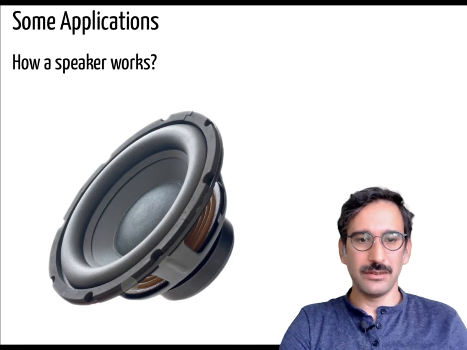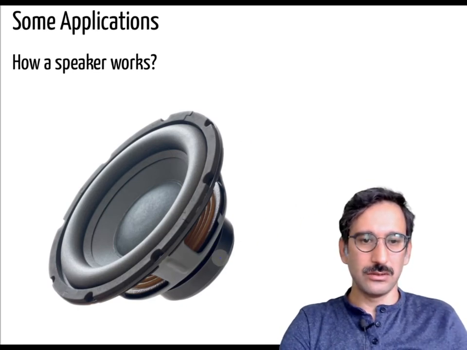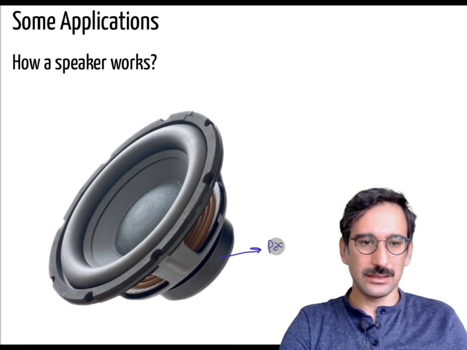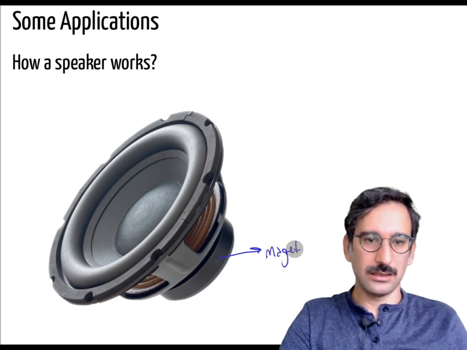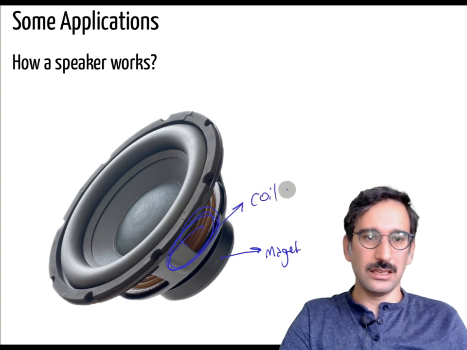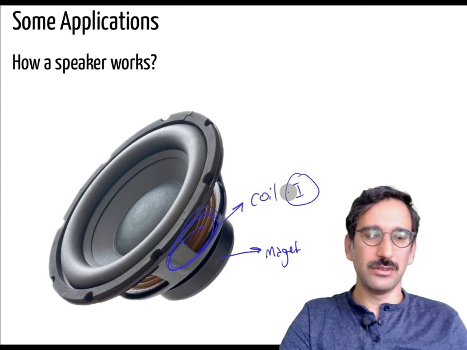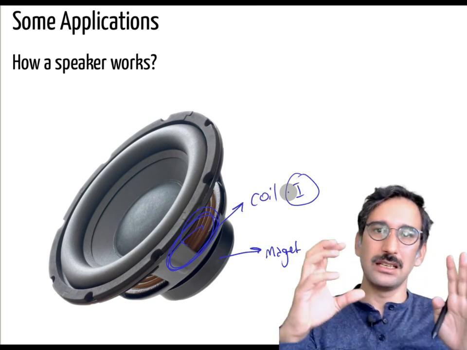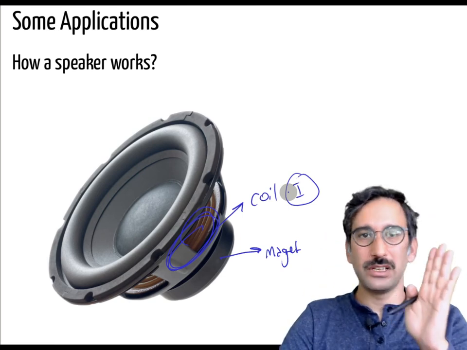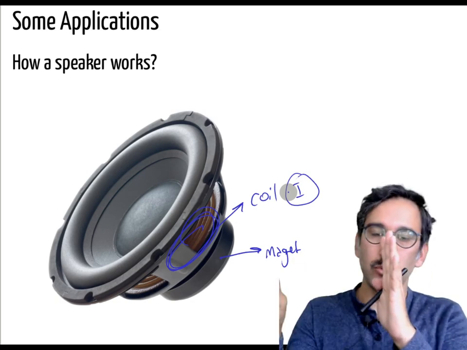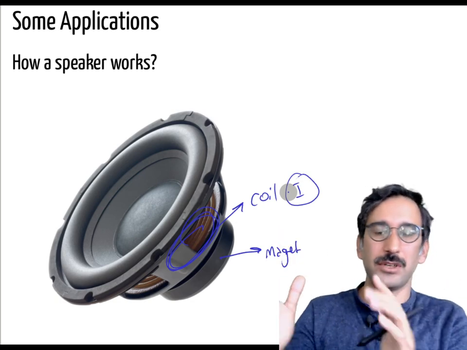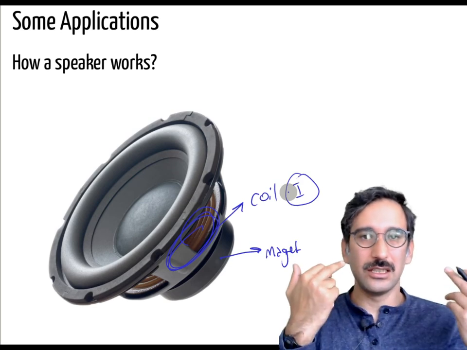Here probably this is the magnet. There's a magnet here, and inside that there's a coil, and depending on the amount of current you are giving, it creates some force. So it moves the speaker back and forth, and that pushes the air, and that air pressure creates the sound, and we hear it.